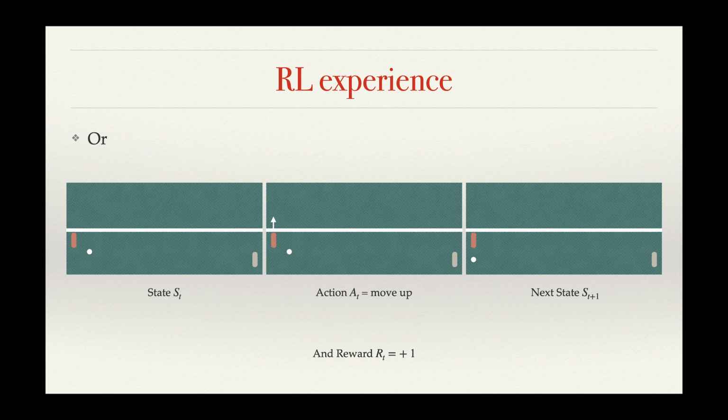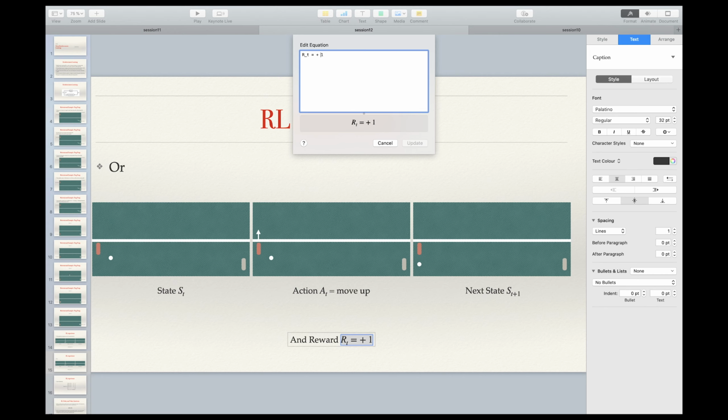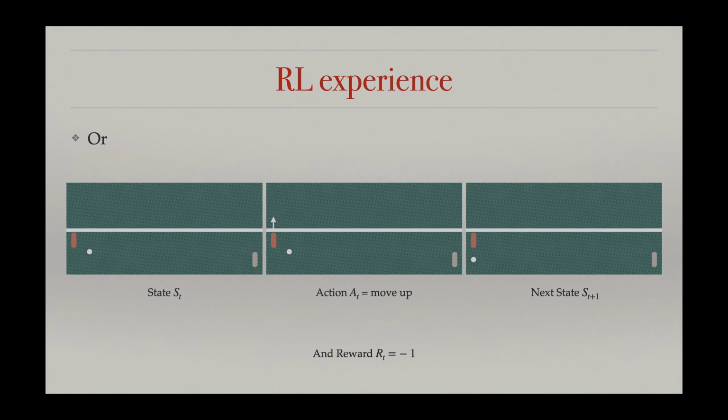Or, for example, the agent decided to go up, and here move up, then the next state is st1, and this actually should be -1. I will correct it now. Because we let the ball in, this would be the reward of the agent's action to move up.